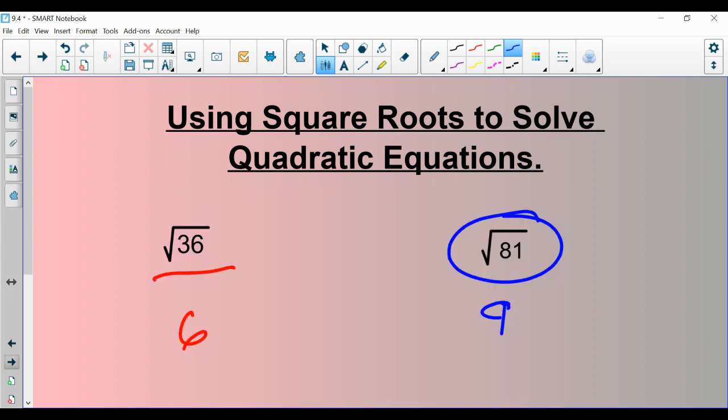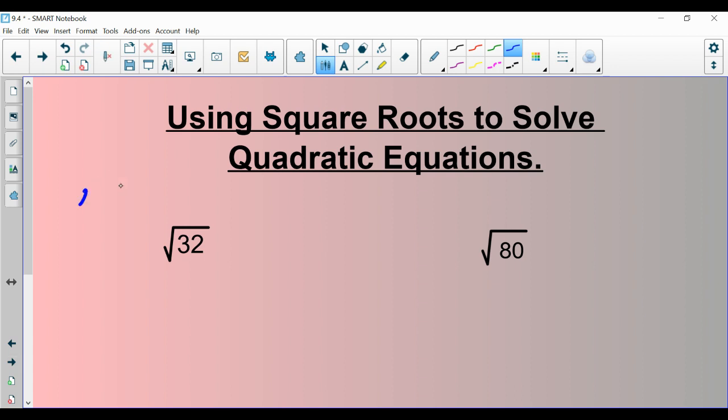What do I mean by that? What are the perfect square factors? Well, the perfect squares are this series of numbers: 1, 4, 9, 16, 25, 36, 49, 64, 81. This is an infinite list. It's going to keep going, but having this list written down is going to be helpful for you. 121, 144.